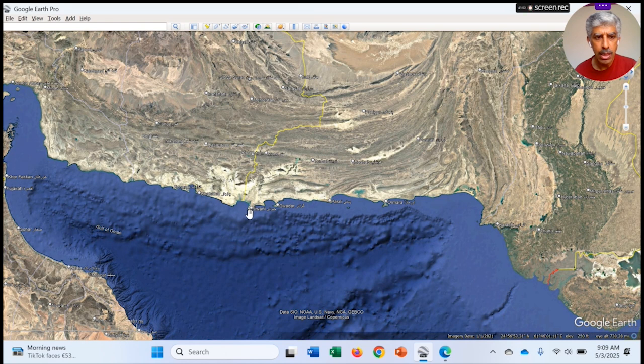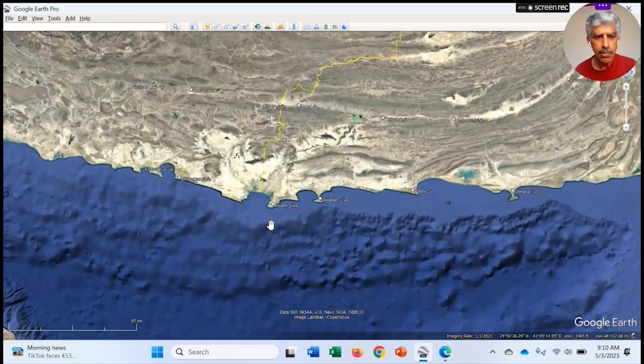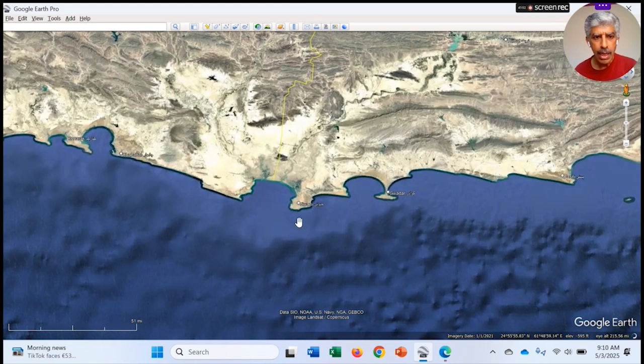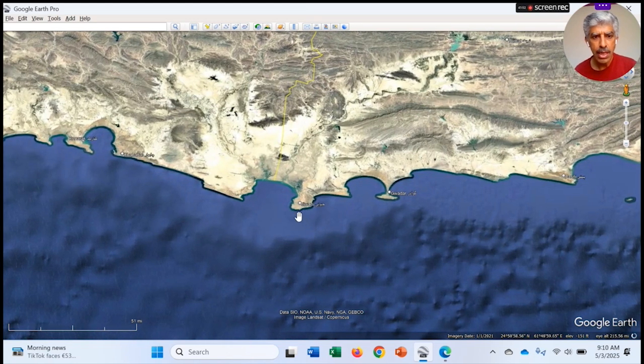The first major town that comes is Jiwani. If I zoom in, here is Jiwani, a Pakistani town, and this is the border between Pakistan and Iran.